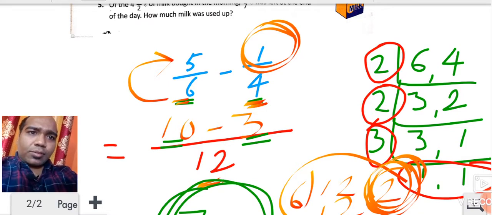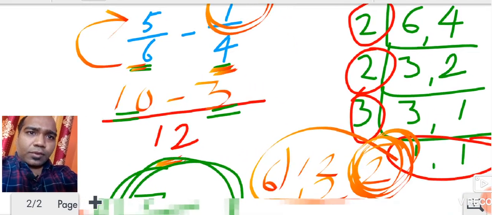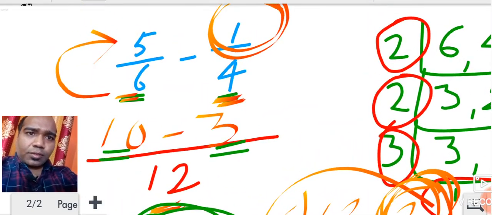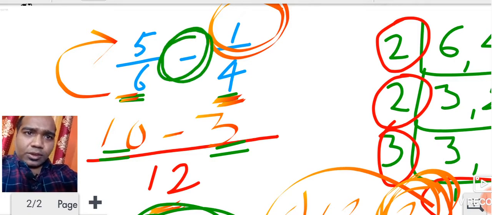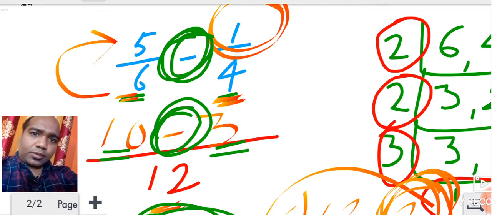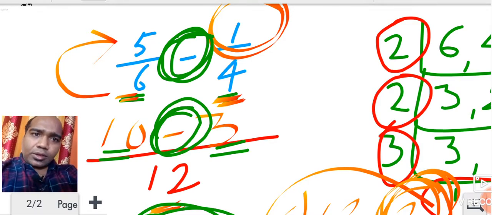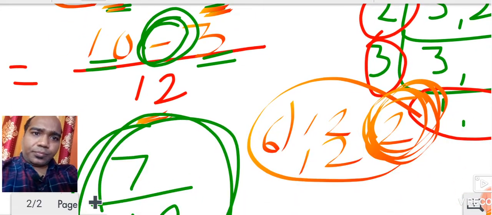It's all the same as we have done in addition of fractions. The only difference is, what is the difference? Earlier we have done plus, so here plus sign was there, so we were taking plus. Now minus sign is there, so here we are taking minus. Rest everything is the same. Okay, so we'll do one more question.